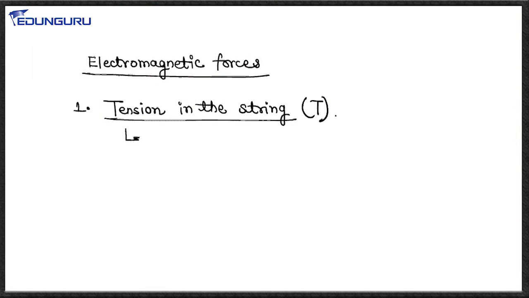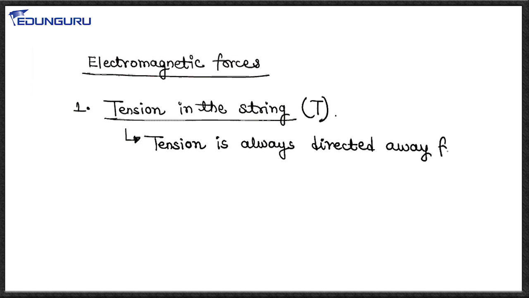The bond length between the string changes and there is this stress coming into existence. And because of this stress, there is this tension. So, regarding tension, tension is always directed away from the pull.